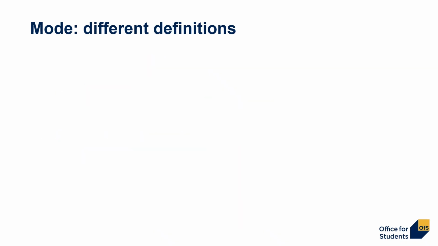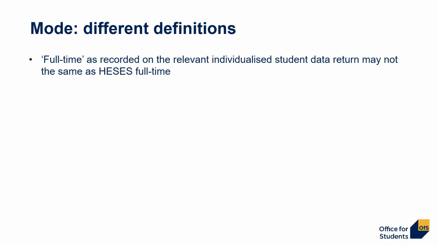Occasionally, there are scenarios where the HESES definition of mode of study is an issue when comparing with the corresponding individualized data return. This might happen where a student can be studying at a full-time rate but not meet the HESES definition of full-time.